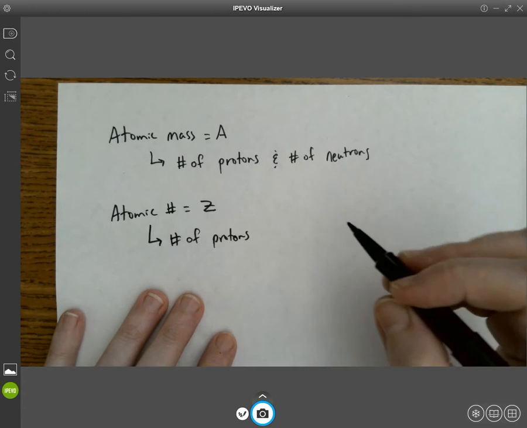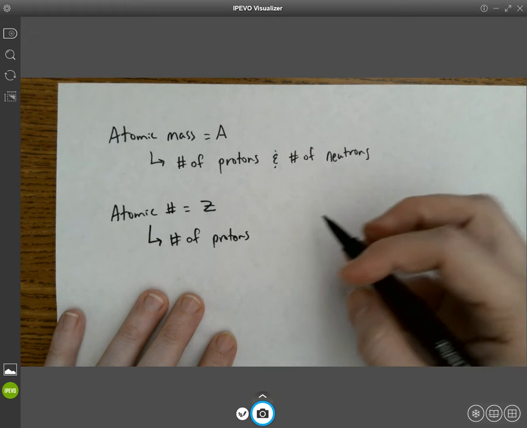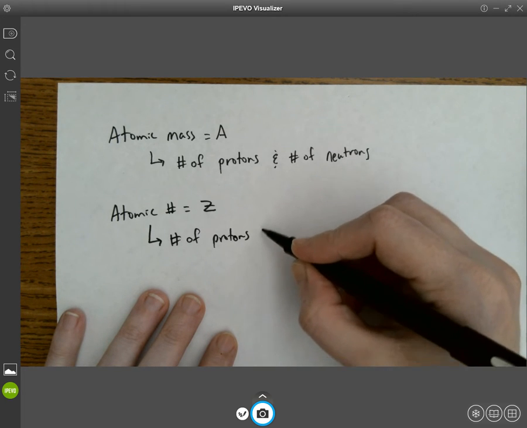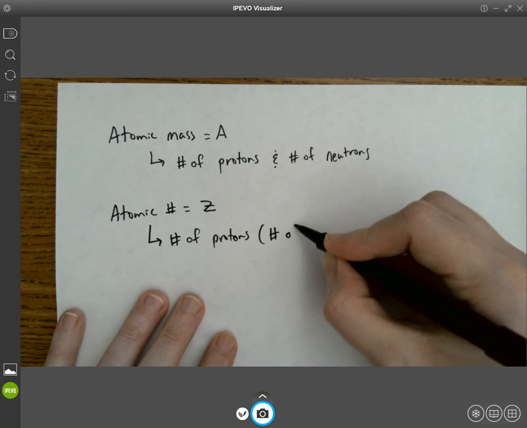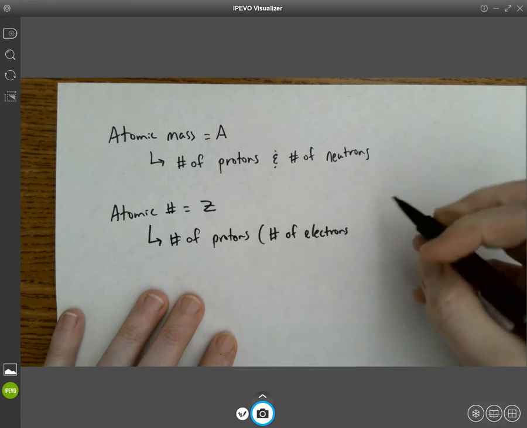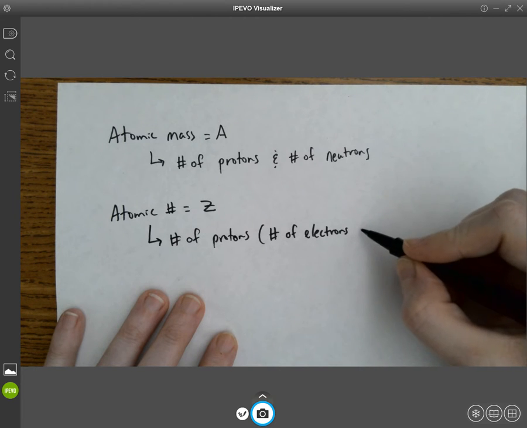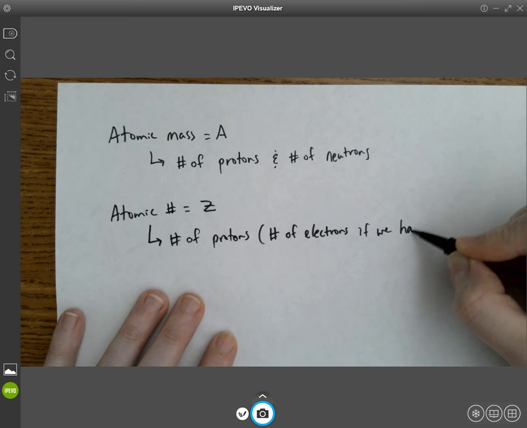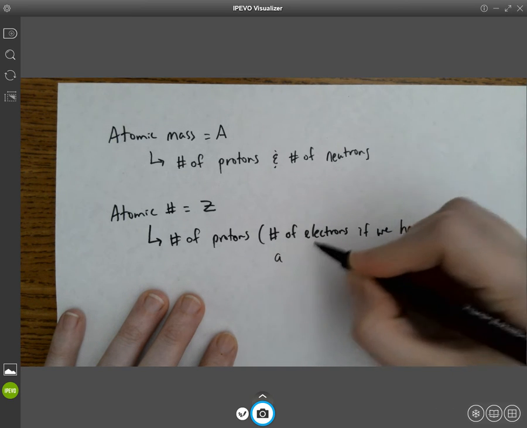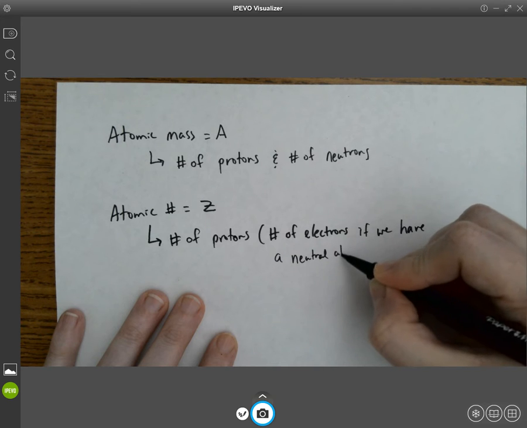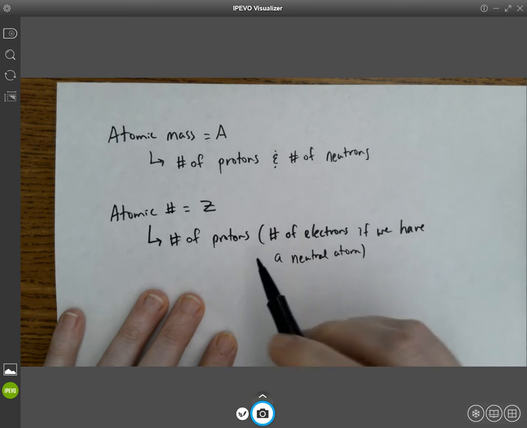Okay, now if we're dealing with a neutral atom, this will also be the number of electrons if we have a neutral atom. So remember, it's neutral.